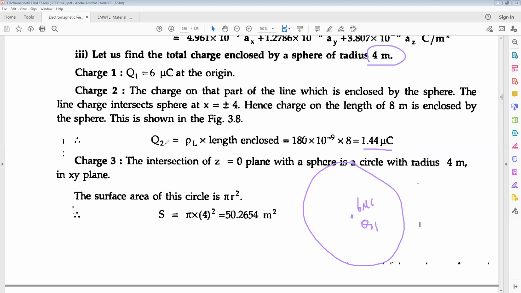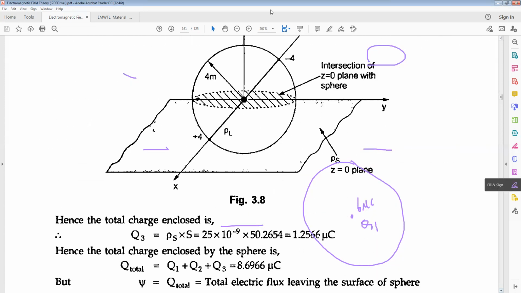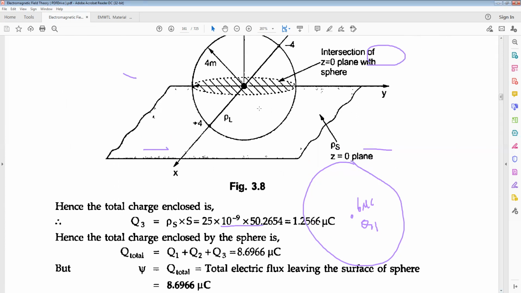We multiplied rho L to get Q2, and Q1 is the point charge, and the last is S equal to the given 50.2 meters square. Okay, so let us see this one. The 4 meters from the origin means towards this side 4 meters, and towards that side 4 meters. Total is 8 meters we have.